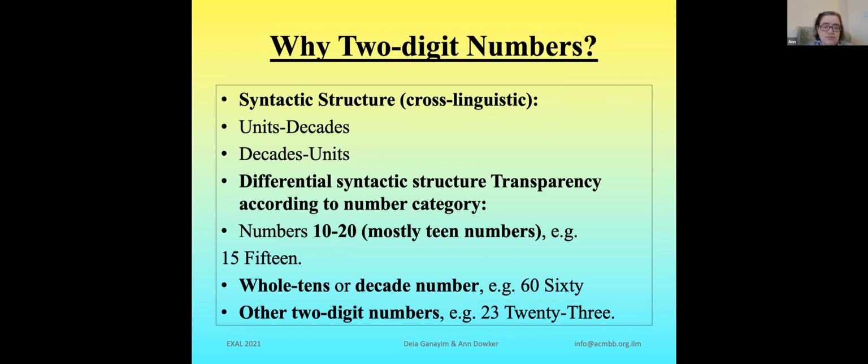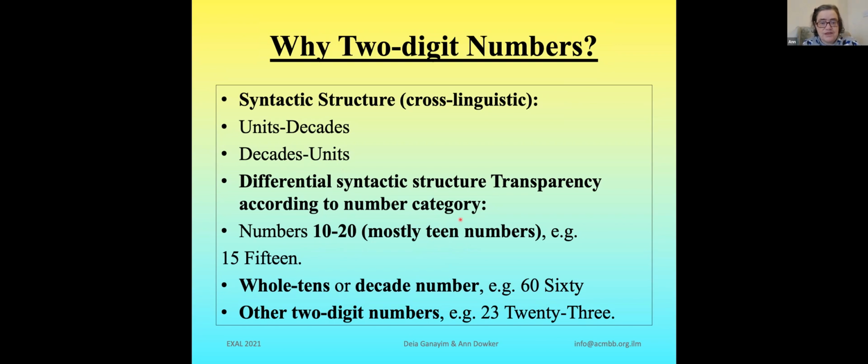So two-digit numbers have a syntactic structure, similar in many languages, of relating units to decades, and the syntactic structure is transparent or less transparent according to the number category and the language. For the numbers 10 to 20, mostly teen numbers in English, the numerals 1, 5 are pronounced fifteen.